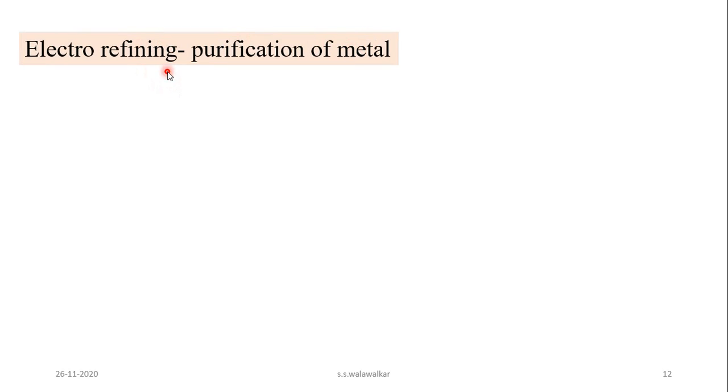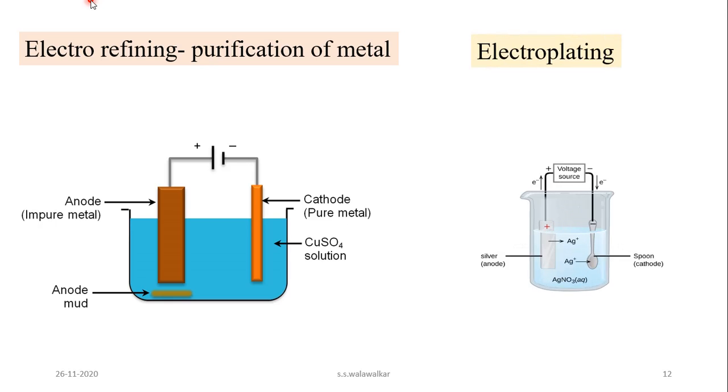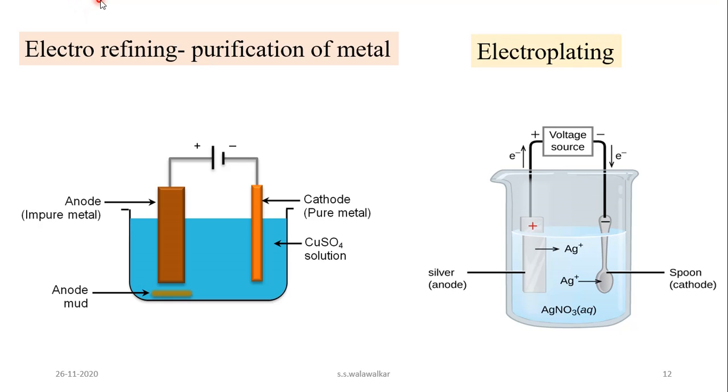And the electrolysis process is an industrially very important process which is used in electro refining, that is, in purification of metals from their ores, such as copper, zinc, etc. And it is also used in electroplating, for coating one metal on the surface of another metal.